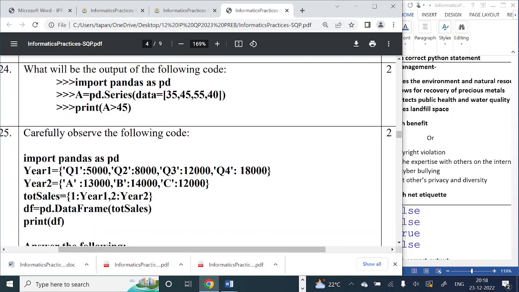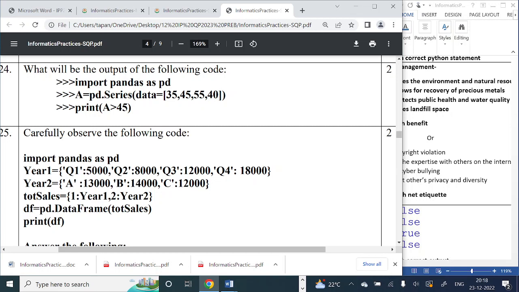Now next is, what will be the output of the following code? Here you are creating a series using 35, 45, 55 and so on. So this data will be displayed only when a is greater than 45. So only 55 is greater than 45, otherwise the other data are not. So what will happen?